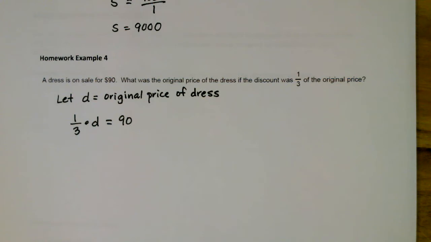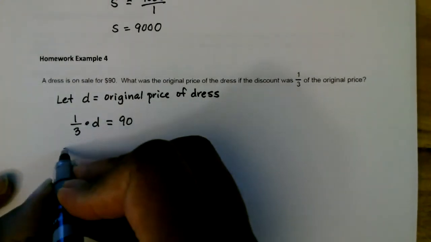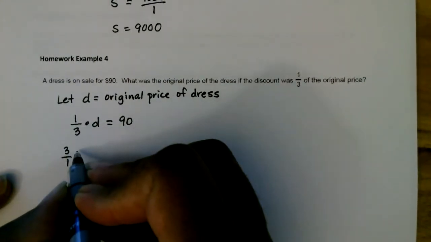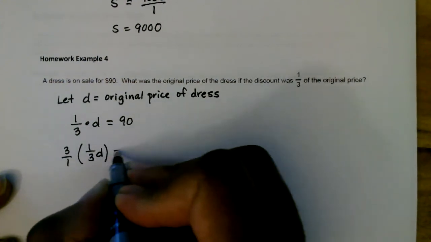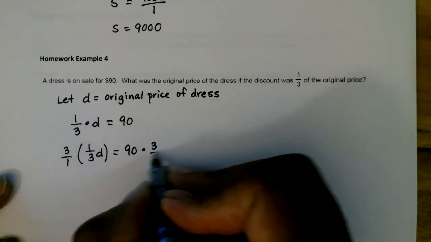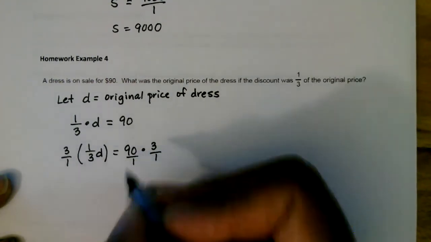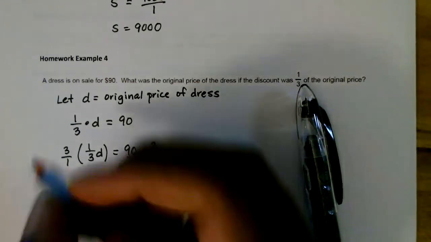Now we want to find out what D is. Well, normally we would divide by 1/3, but it'd be easier to take the reciprocal of 1/3, which is going to be just flipping the fraction over, 3/1. So it'd be 3/1 times 1/3 D equaling 90 times 3/1. And I'll go ahead and put the 90/1. It's not necessary.